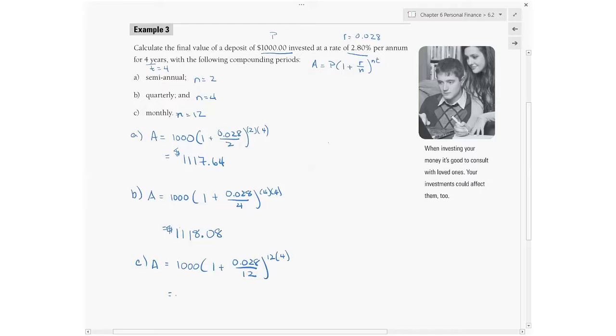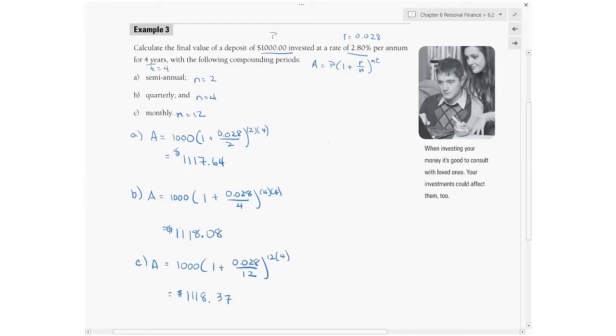Now we've got $1,118.37. So you can see it's gone up a little bit each time. There's a bigger difference between semi-annually and quarterly than there was between quarterly and monthly. And in fact, it'll keep going up if you did it 365 days a year. So daily, it would go up more, but it wouldn't be a huge difference between the two.